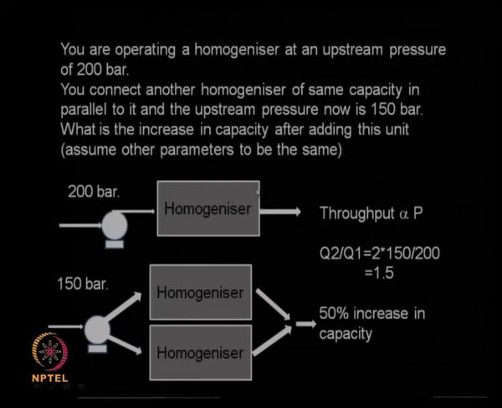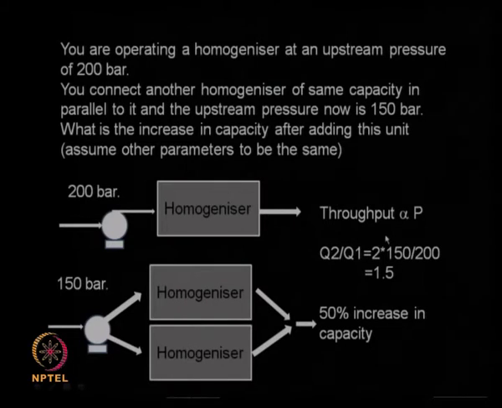So if I want a 2 times increase in capacity, what do I do? I need to increase the pressure of this pump. If I use the same pump, obviously the pressure will go down because I have to pump through two homogenizers. Once the pressure goes down, my throughput also goes down, that is why I am getting only a 50% increase in capacity.